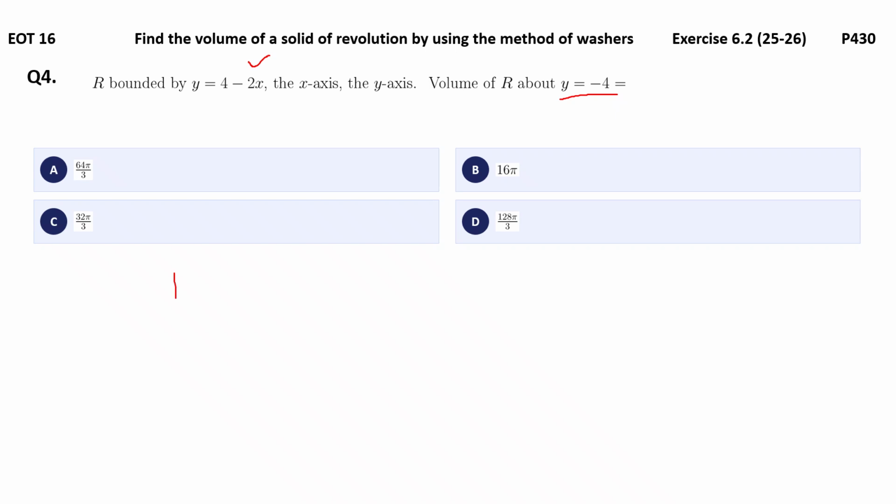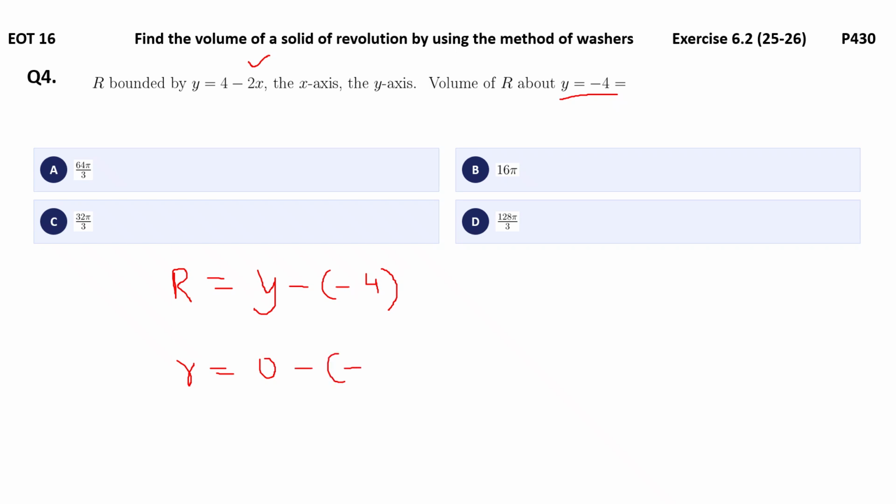Only the change happens in the outer radius and the inner radius. For the outer radius you will subtract from y minus negative 4. And your inner radius is 0 minus negative 4.